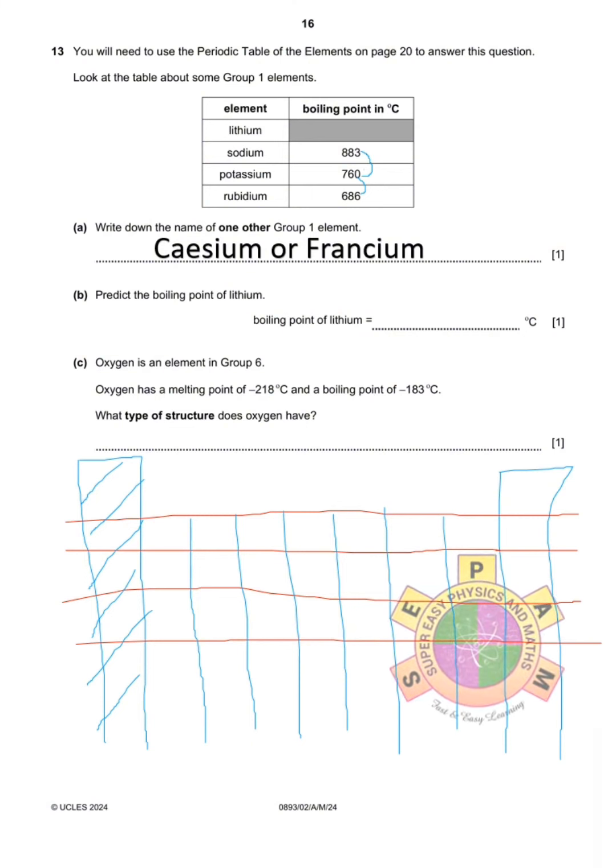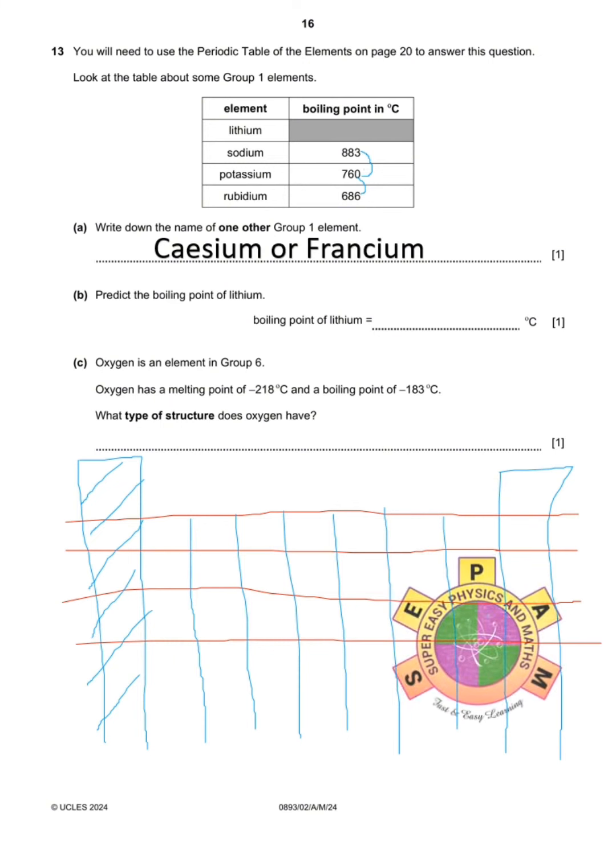Then the next one is: predict the boiling point of lithium. Okay, if you look at this, from rubidium coming up, rubidium is 686 degrees Celsius, then potassium 760, then sodium 883. So you can see that the boiling point is increasing going up the group, and decreasing down the group.